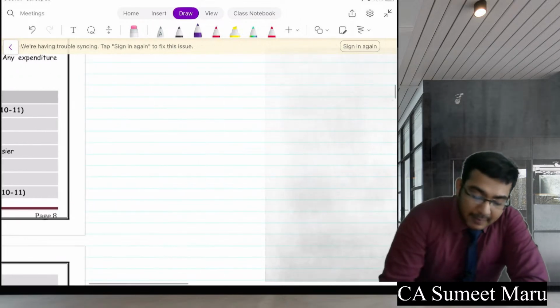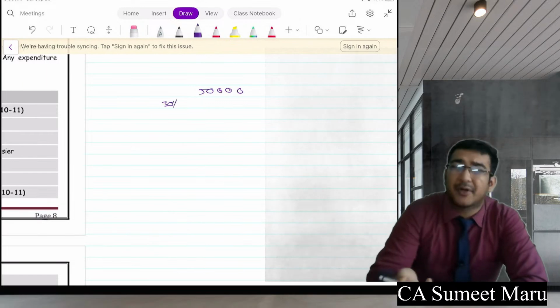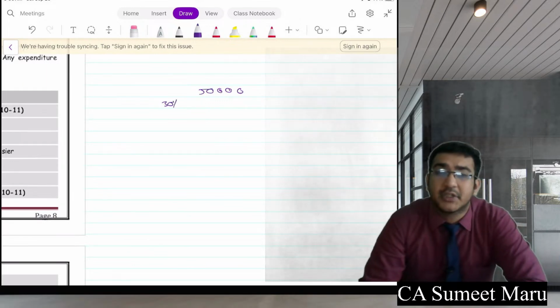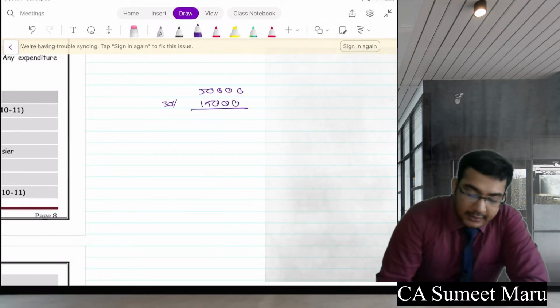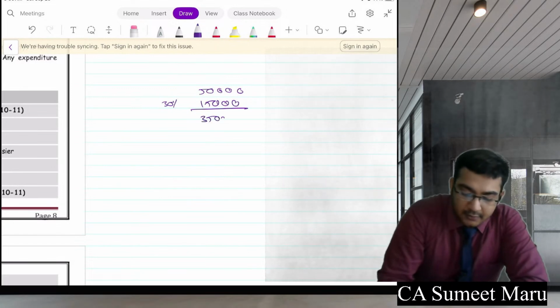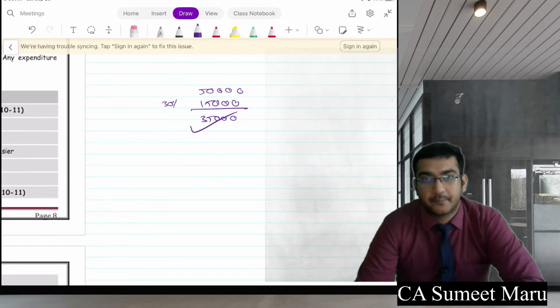So if someone comes back and pays me 50,000, 30% would be allowed as a deduction. Why? Because this is already a deduction we give under section 24A. So 30% is how much? 15,000 will be allowed as a deduction. The balance 35,000 would be taxable in income from house property.